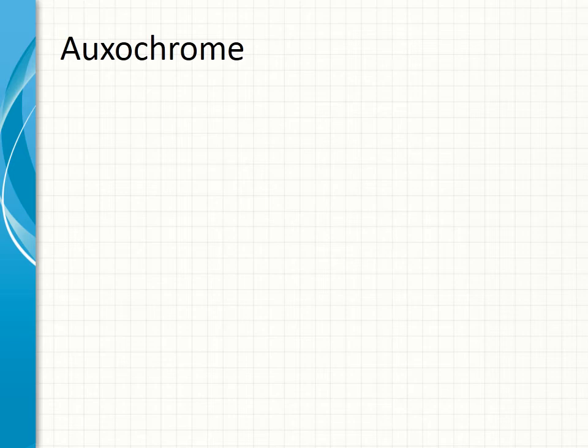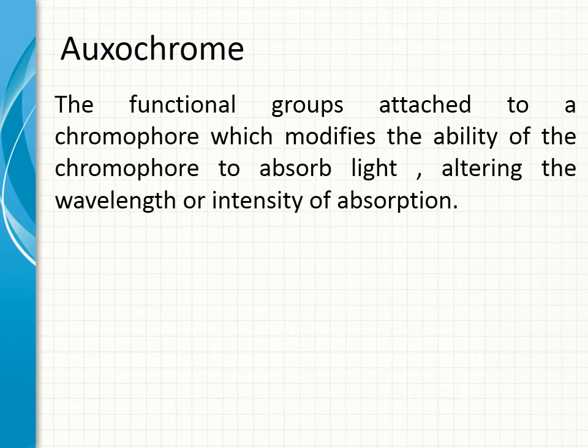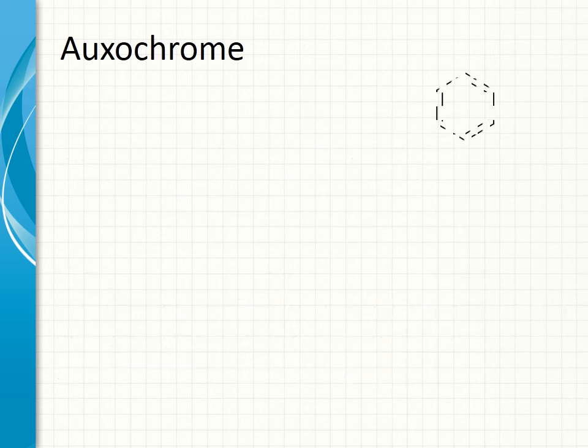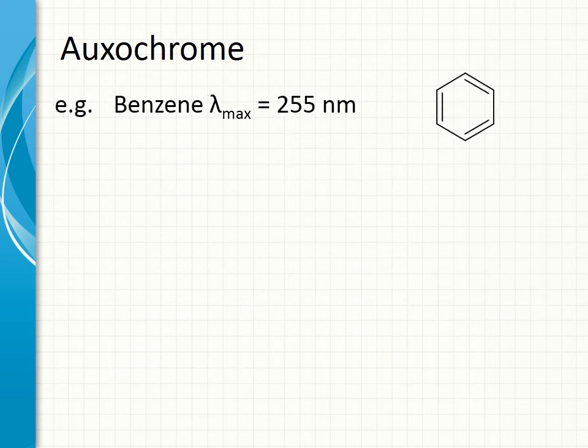An auxochrome is a substance which, when attached to a chromophore, modifies the ability of that chromophore to absorb light. For example, benzene shows maximum absorbance at 255 nanometer.